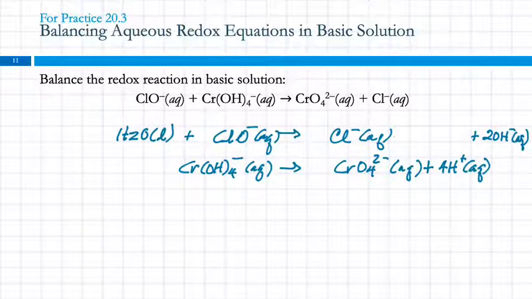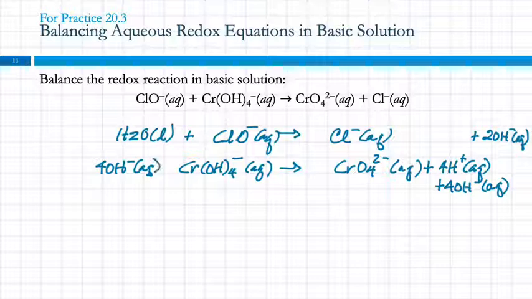So I have to neutralize those by adding 4 hydroxide ions. And so 4 hydrogen ions and 4 hydroxide ions make 4 water molecules. So that one's mass balanced.